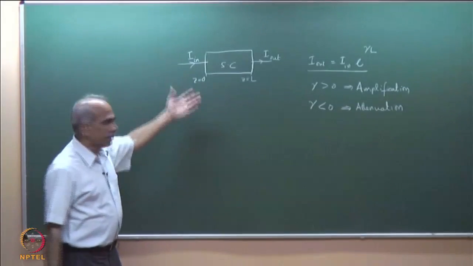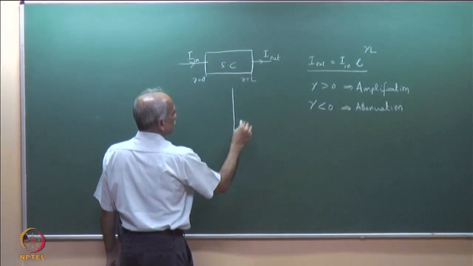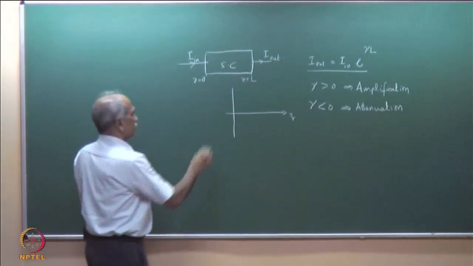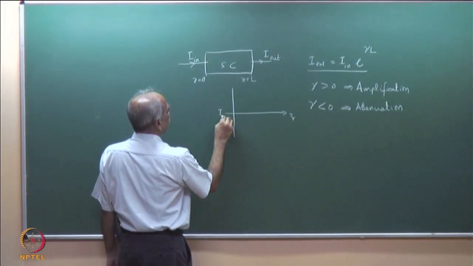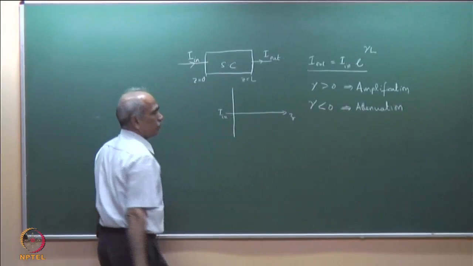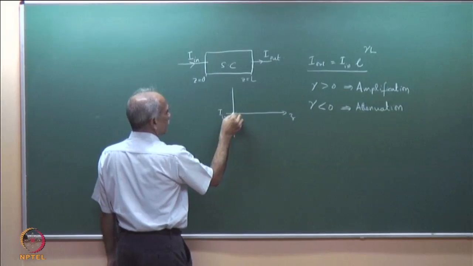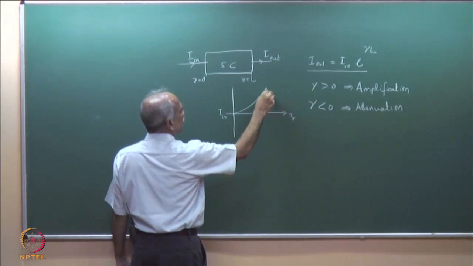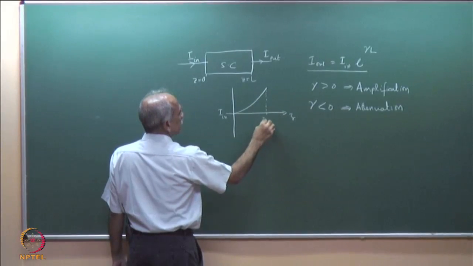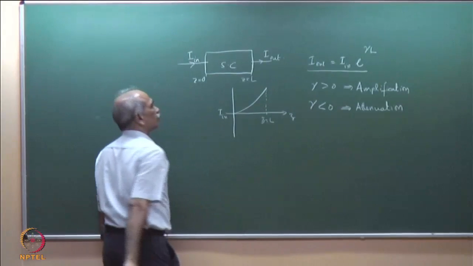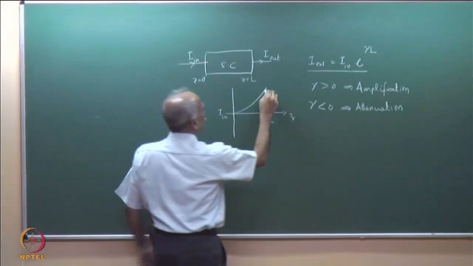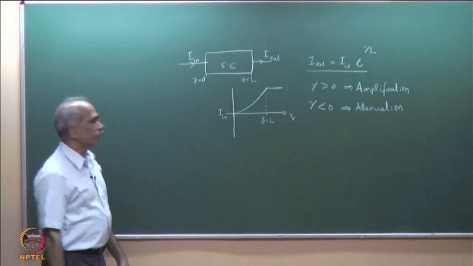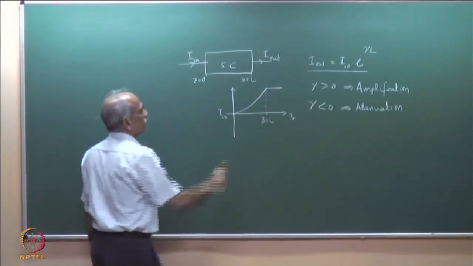So, if you were to plot the intensity versus length, in the z direction, then I_in is the intensity at z equal to 0, and for gamma greater than 0, the intensity will build up exponentially up to z equal to L, and after that of course outside it is constant. So, if I were to plot the intensity versus z, we would get a curve like this.